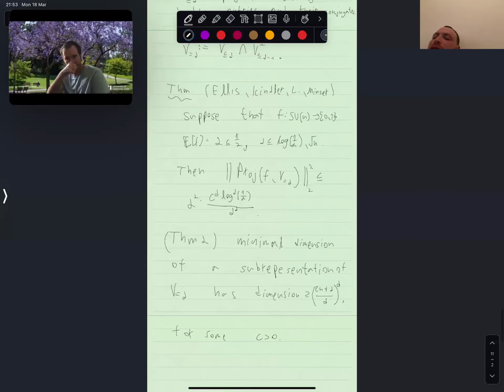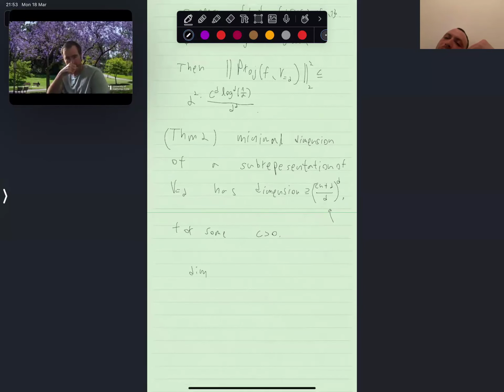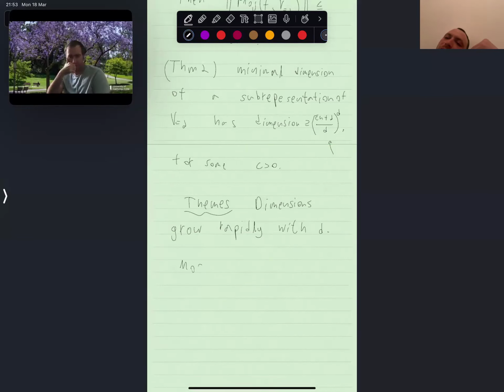And what we proved is that basically the representations grow. Okay, so basically, I guess the themes are that the dimensions grow rapidly with D, but most of the levels, most of the Fourier mass is concentrated on the high Ds.